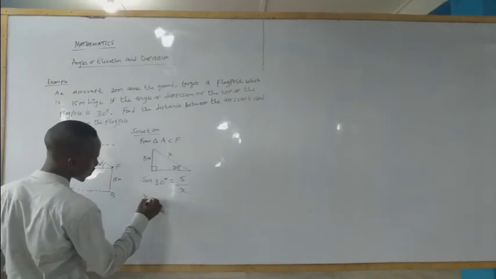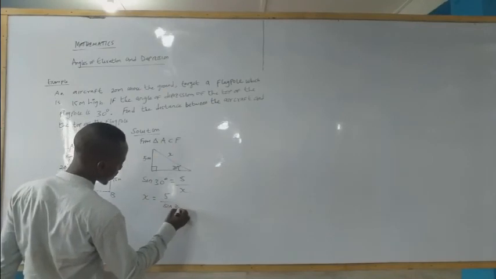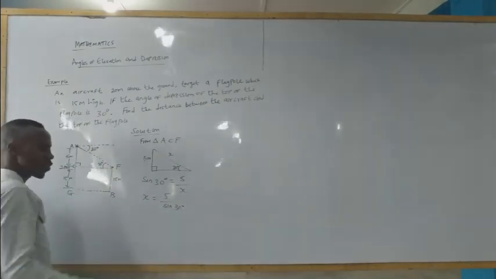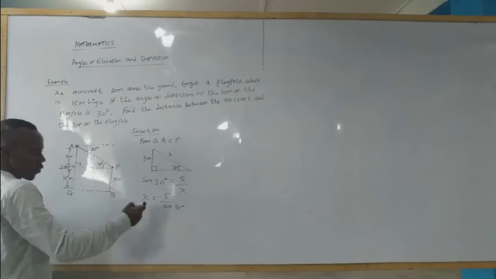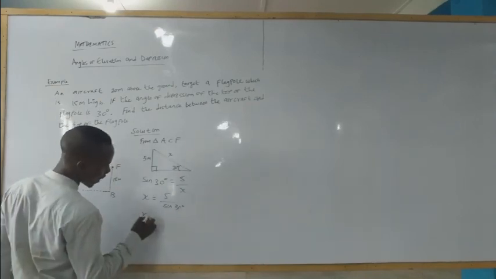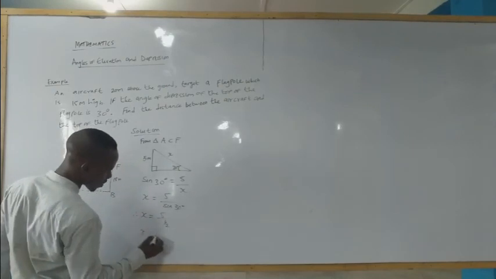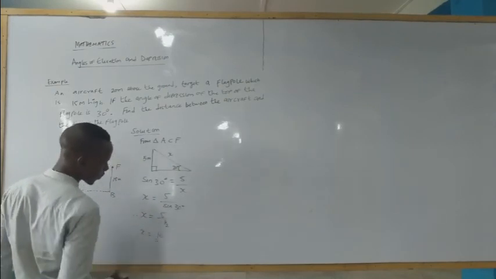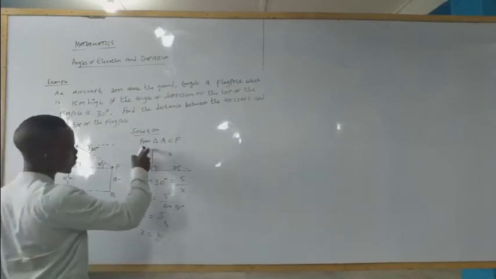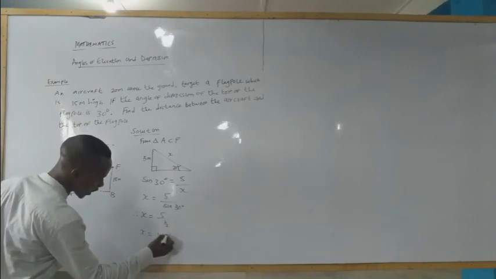Then I have X equals 5 over sine 30 degrees. Sine 30 from our special angles is 1 over 2. So therefore X equals 5 over 1 over 2. Then X equals 10. So the distance between the aircraft and the top of the flagpole is 10 meters.